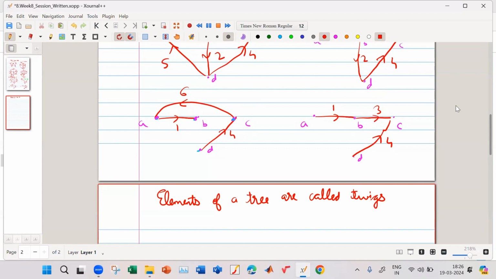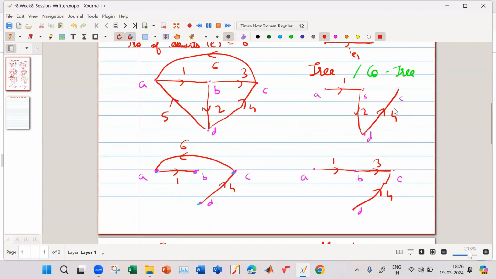Now this tree has how many twigs? And how many nodes are there? Four. Okay.